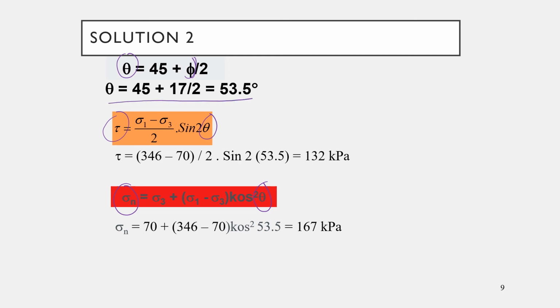Using these equations straight away, you get theta equal to 53.5. Putting it into these equations, you get the answer. Same for this one, you get the answer. If you compare your answers from graphical solutions and analytical equations, definitely they will be slightly different, but again, I told you that it is within the acceptable range.